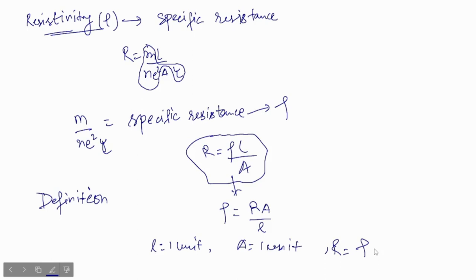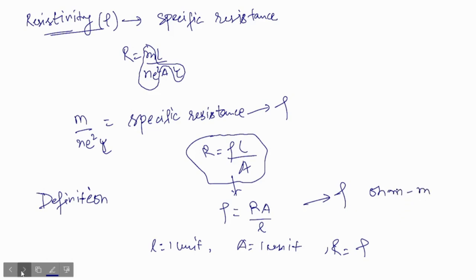That means the resistance of a unit length and unit cross-sectional area of a conductor is numerically equal to its specific resistance. ये रो होगा. अब यूनिट क्या होती है रो की? ओम मीटर. ठीक है, डायमेंशनल फॉर्मूला आप निकाल सकते हो.